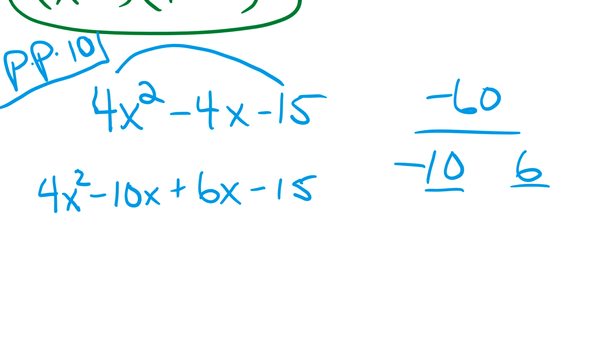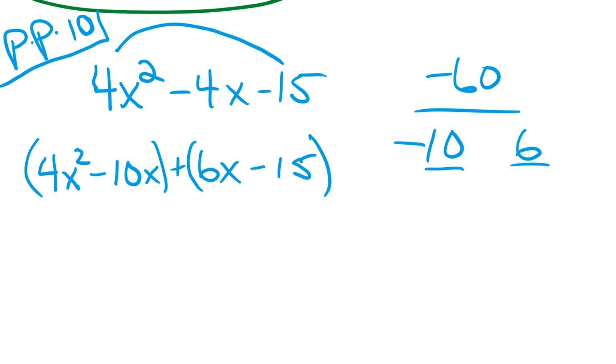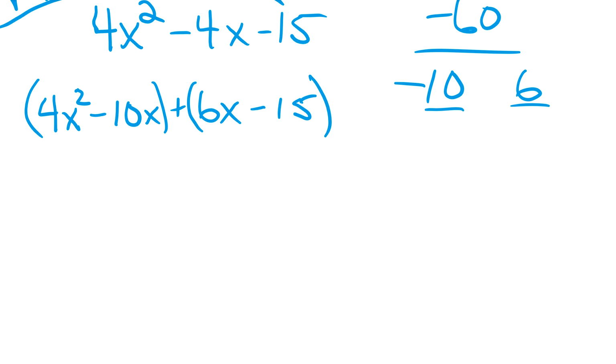There's my 4-term polynomial. Group them, two binomials, and factor each of the binomials. Left side, I can take out a 2x. And I'm left with 2x minus 5.